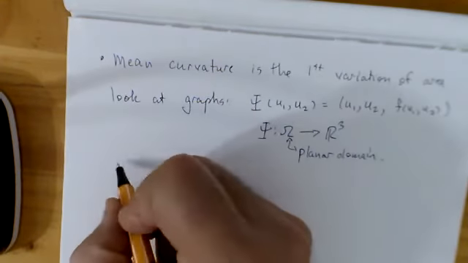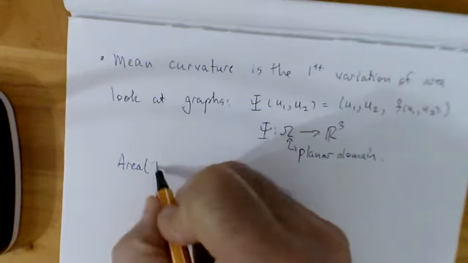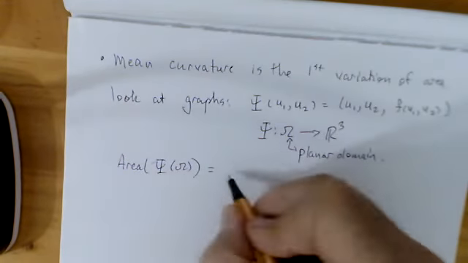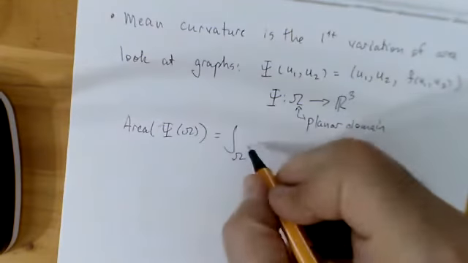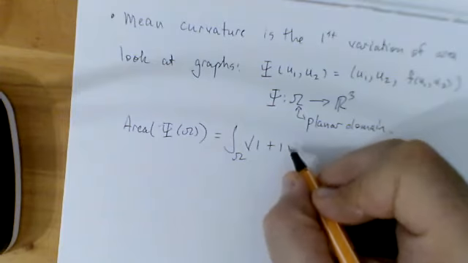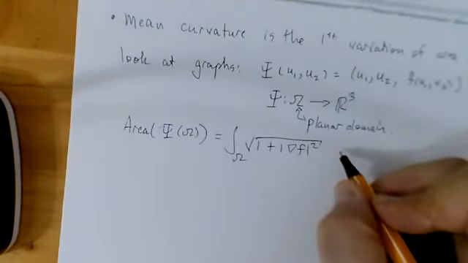So I can write down the area of my psi of omega. This is something you've probably worked out in a multivariable calculus class. And it's going to be the integral of the square root of 1 plus gradient of f squared.